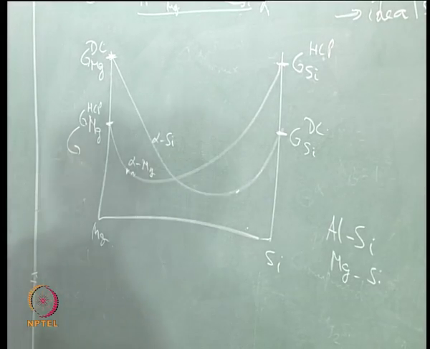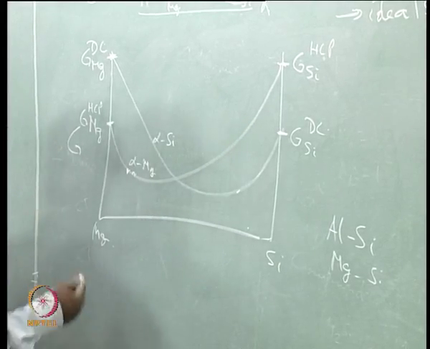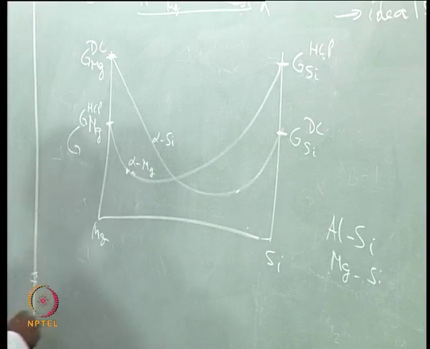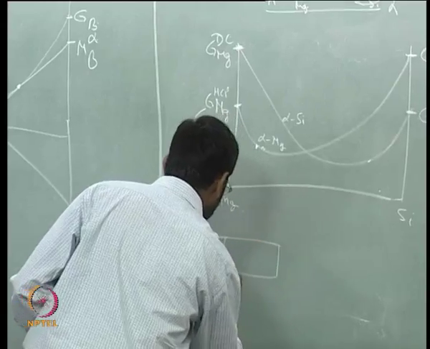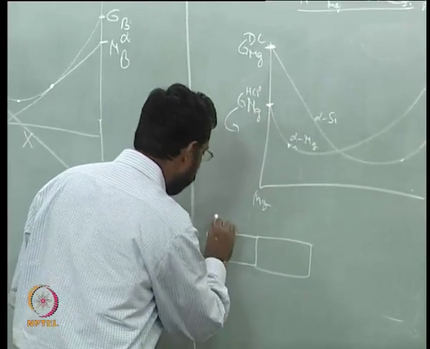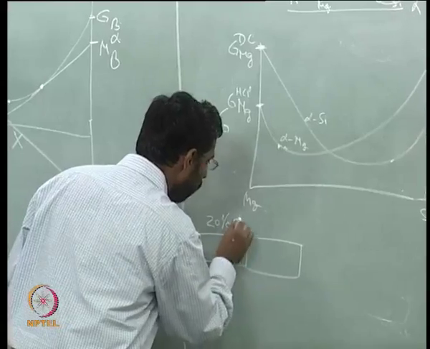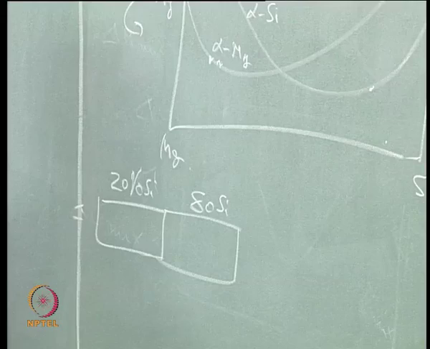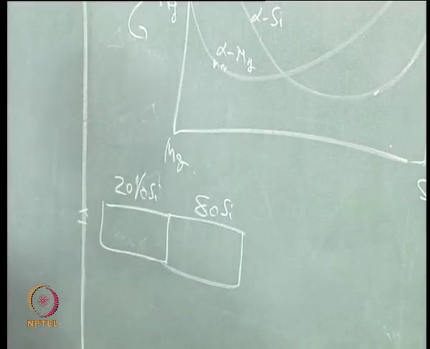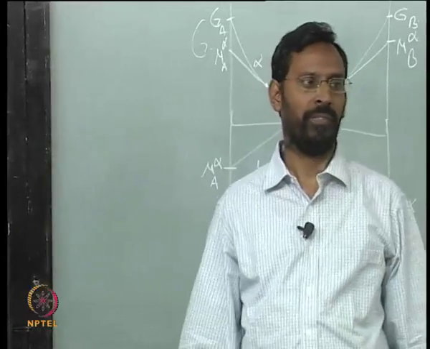If I draw the free energy curves and draw the tangents, what I am doing is taking two pieces of alloys, one containing 20% silicon, another containing 80% silicon, welding them together, holding them at that temperature and seeing what happens.